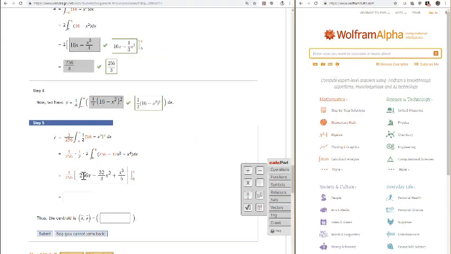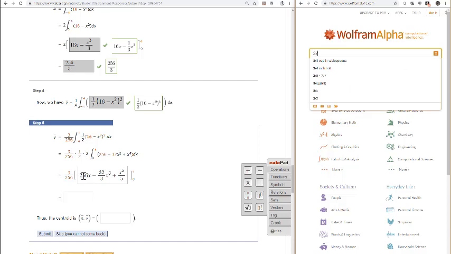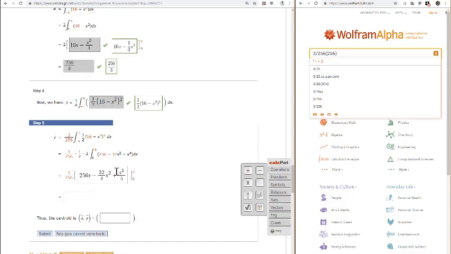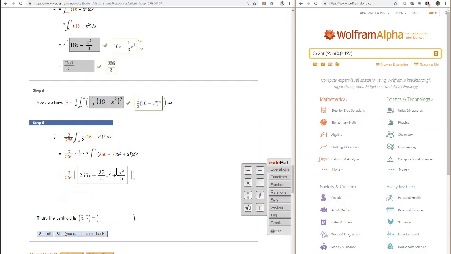And what do we have? We have 3 divided by 256, and then the big parentheses over here we got 256 times 4, we're going to put 4 in, minus 32 divided by 3 times 4 to the 3rd power. This should be a minus here.